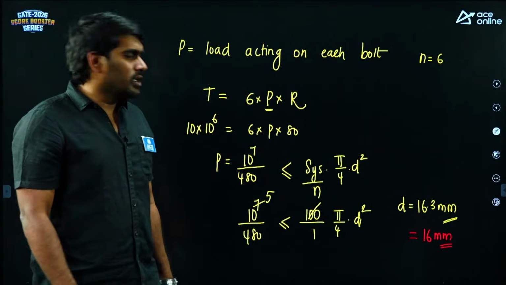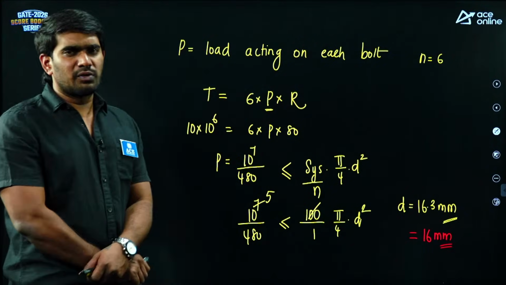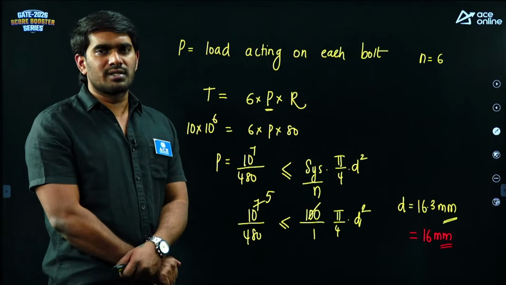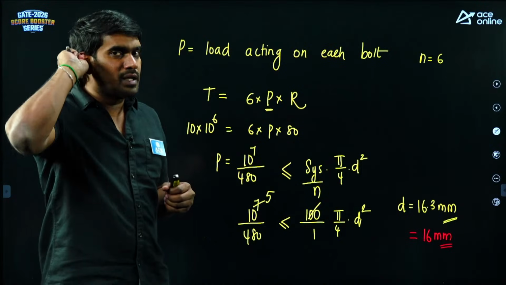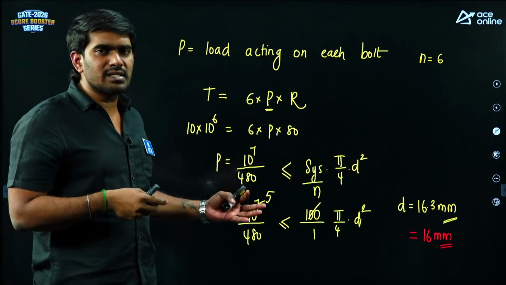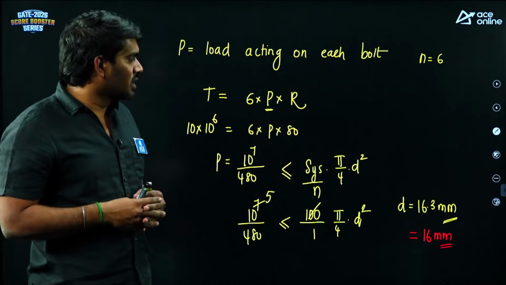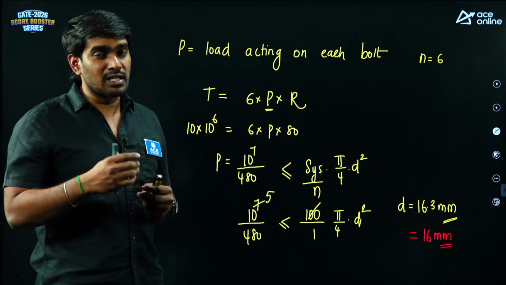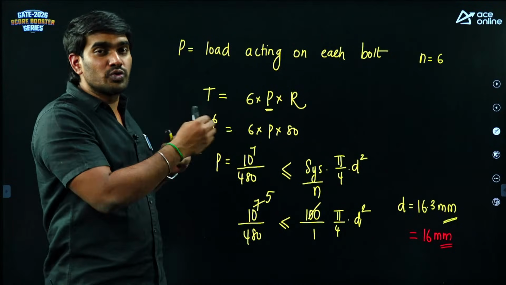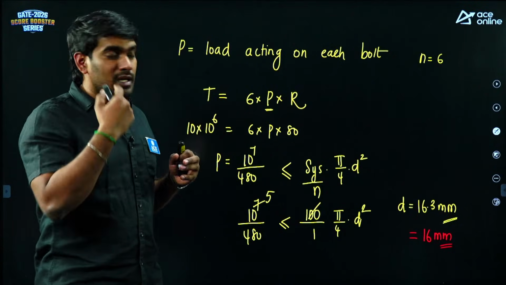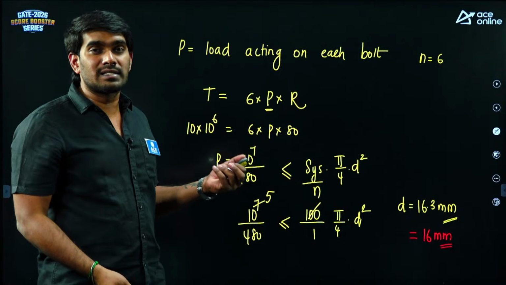Okay. If the answer had been 16.7 or 16.8, the next integer, the highest one, would be considered. But is this the safe one or the unsafe one? As we are downsizing the member, as we are trying to decrease the material, as he is asking us to choose the value to the nearest integer, remember that it is a little unsafe.